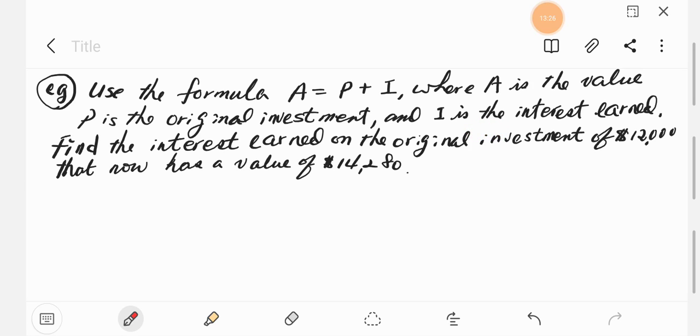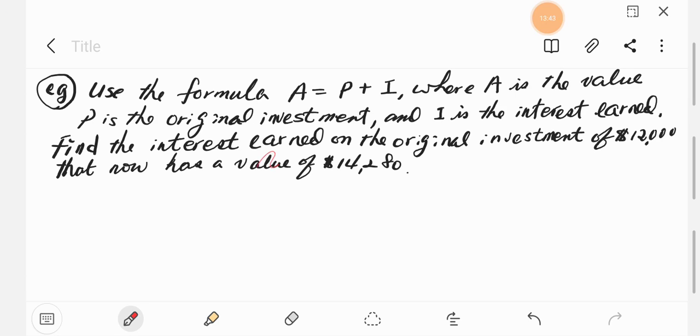When you invest money, you get interest. So after a certain period, you have your principal amount plus the interest you earned, and adding these two will be your total value after you invest it.